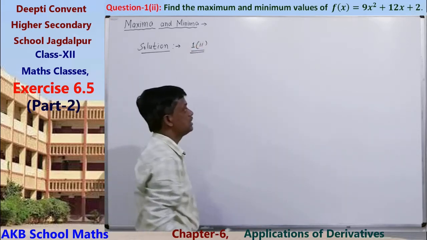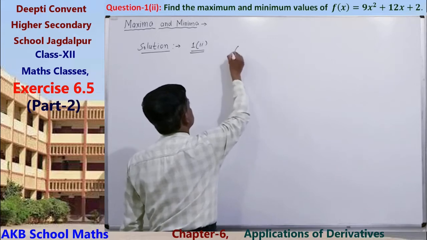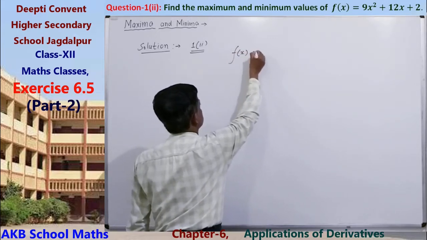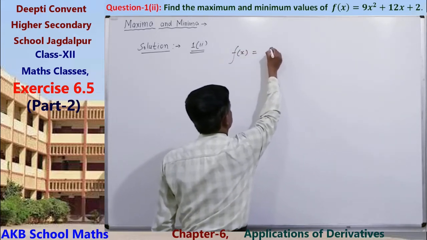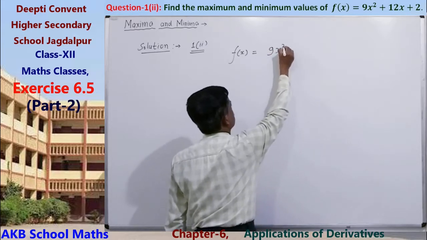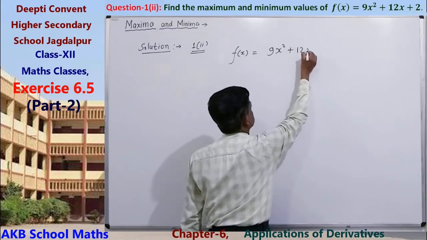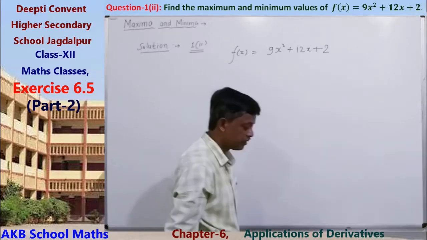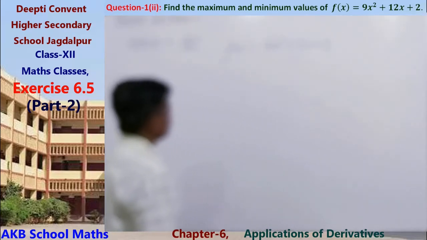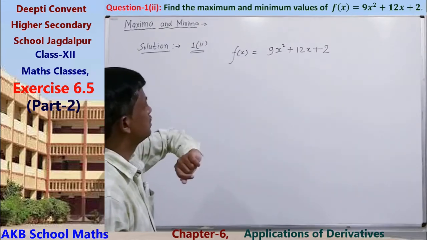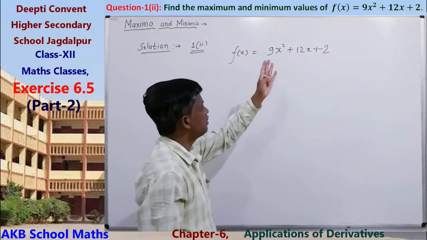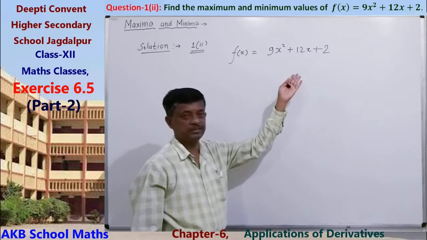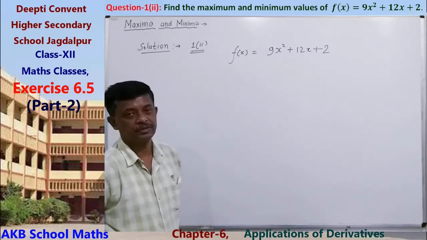So here the function is given like this: f(x) equals 9x square plus 12x plus 2. This is the given function. Find the maximum and minimum value, if they exist.